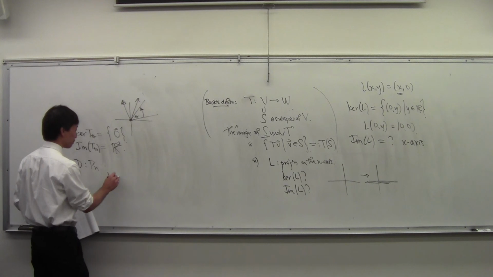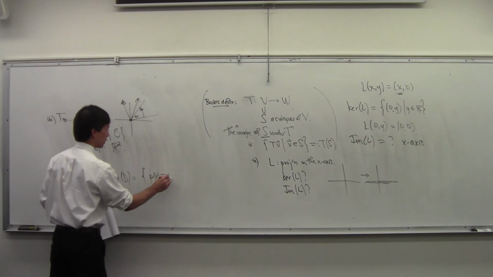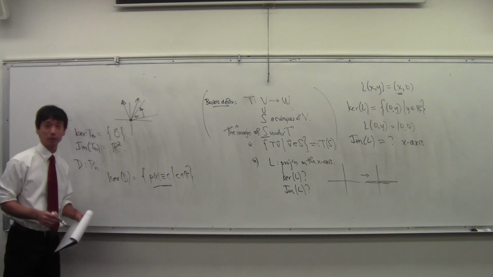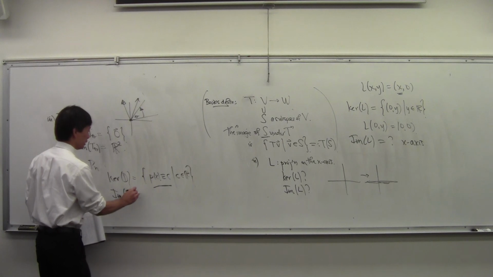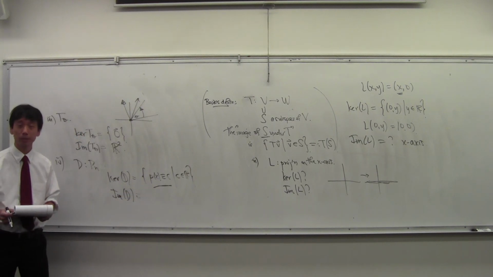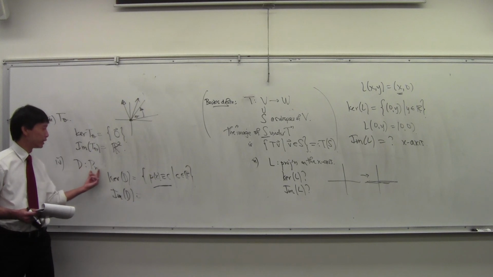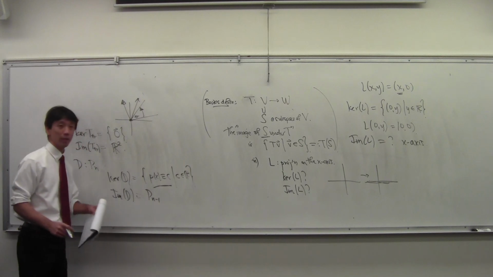So the kernel of D is all constant polynomials. What about the image of D? Well, what can you get? What comes out of differentiation of polynomials of degree less than n? When you differentiate them, you're going to get Pn minus 1, polynomials of degree less than n minus 1.